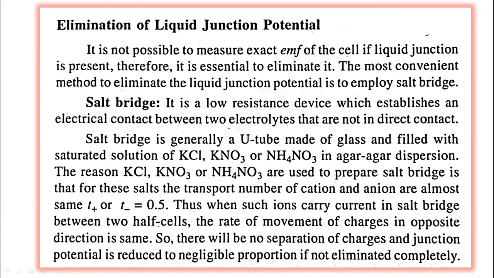Particularly, this liquid junction potential is developed in case of electrolyte concentration cell with transference. And if such liquid junction potential is developed there, then it is not possible to measure the exact EMF because difficulties arise. So therefore, it is essential to eliminate this liquid junction potential.